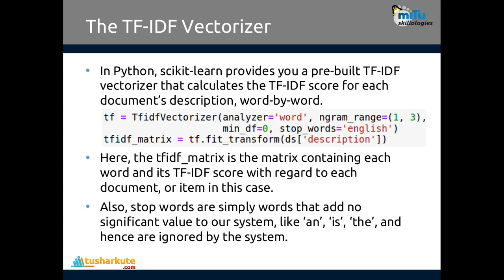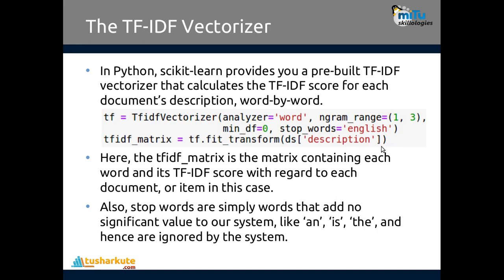In Python, scikit-learn provides a pre-built TF IDF vectorizer that calculates the TF IDF score for each document description word by word. This is pseudo code I just wrote. TF is equal to the TfidfVectorizer class. I am using the word analyzer over here.